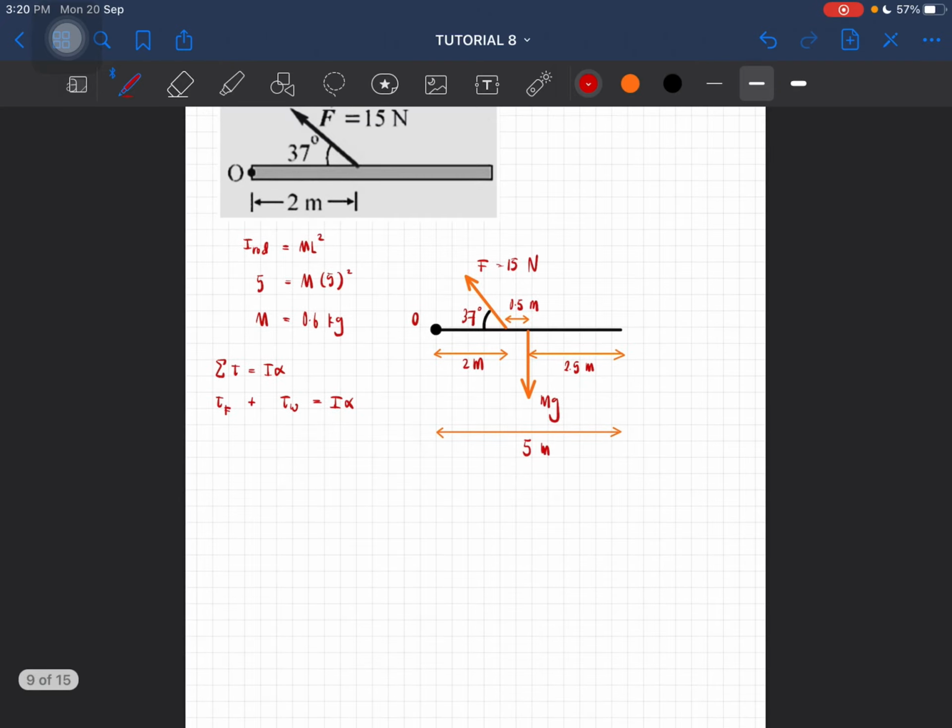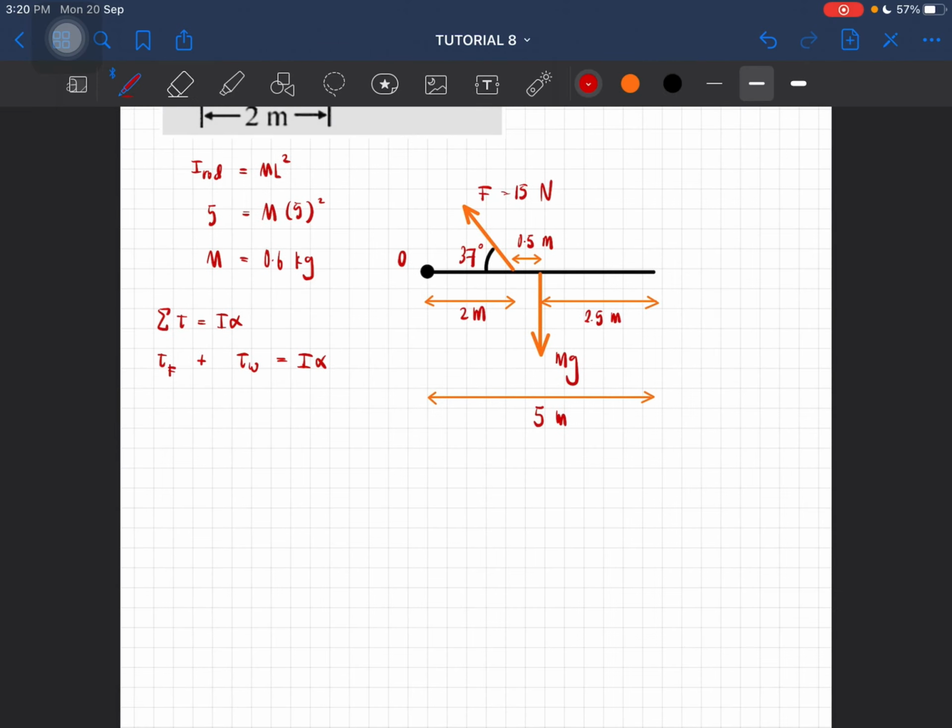Now we are going to find the torque at point O. Let point O be the rotation axis.